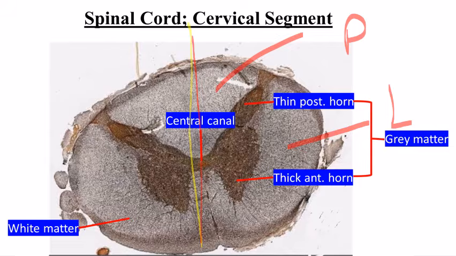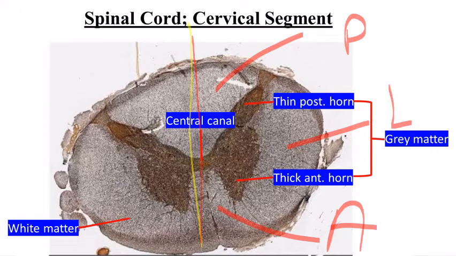Then we have the anterior column, present between the anterior horn and the anterior median fissure. This is the white matter.